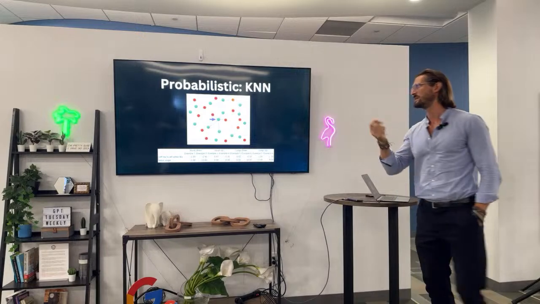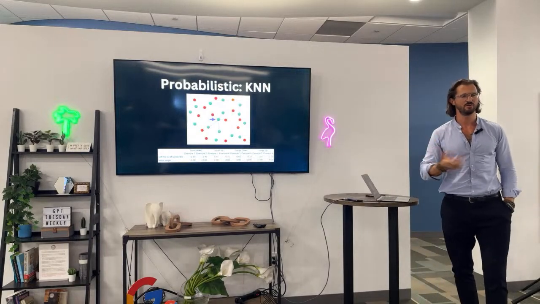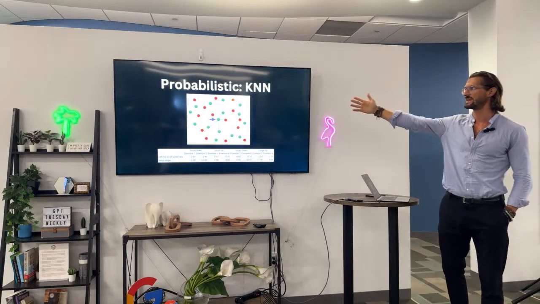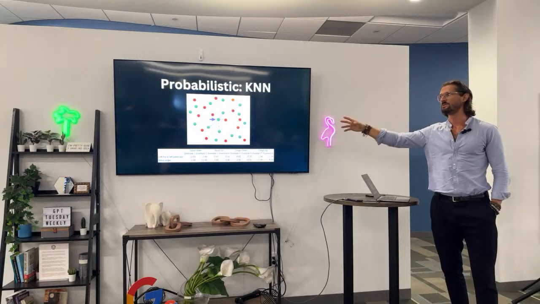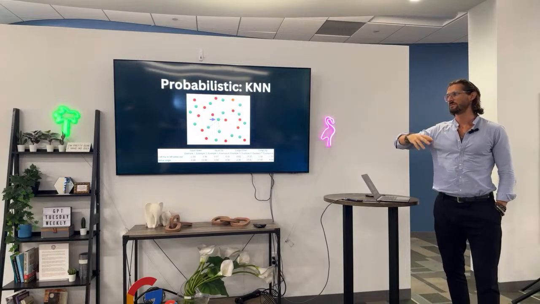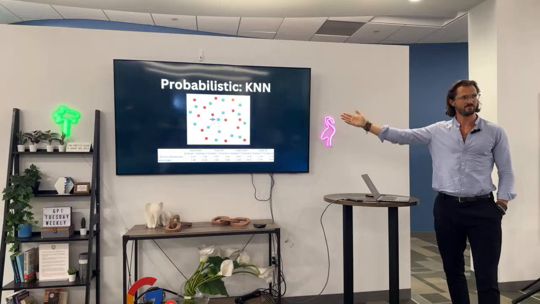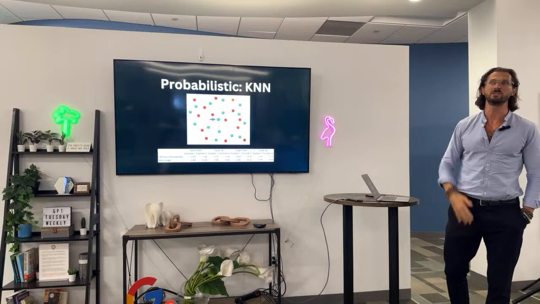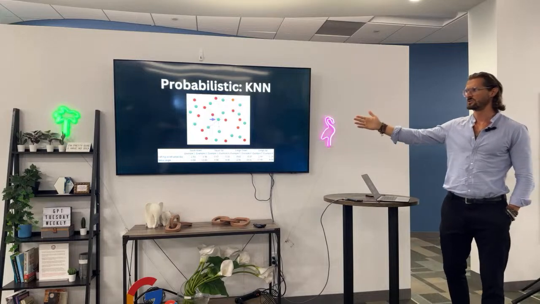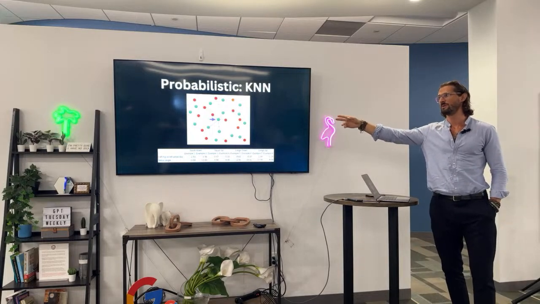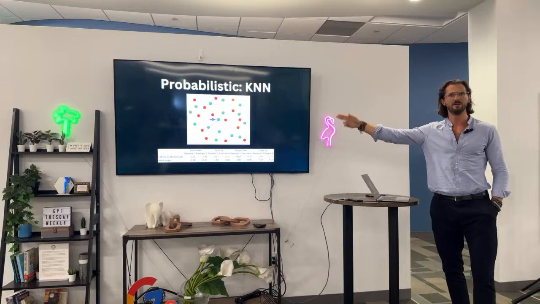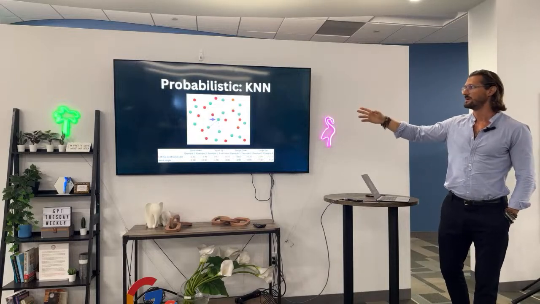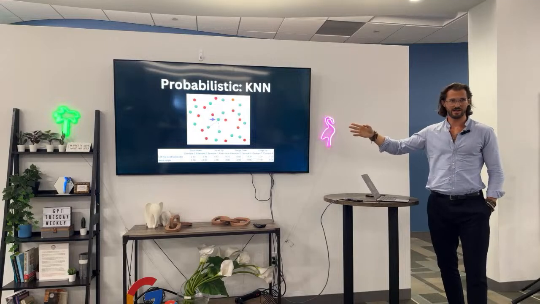K is a parameter you specify. It's basically arbitrary. There are some techniques to it, but you just specify some k, pick the nearest k neighbors, and take a frequency of the classes of those neighbors. The modal class, the most frequent class, is the one you go with, or rather you get a probability distribution. So here it would be 60% probability of being green, 40% probability of being red. So we're going to say it's green, right? That's one approach. That's what Google uses in their Colab notebook.